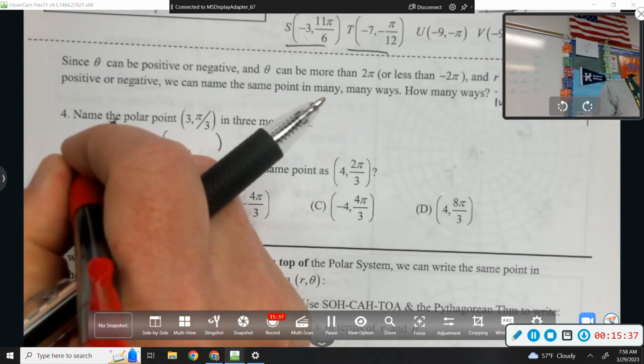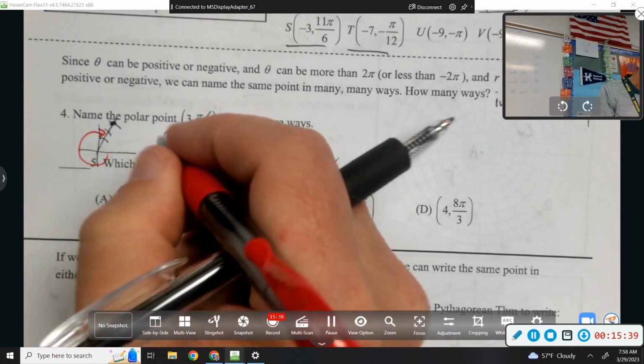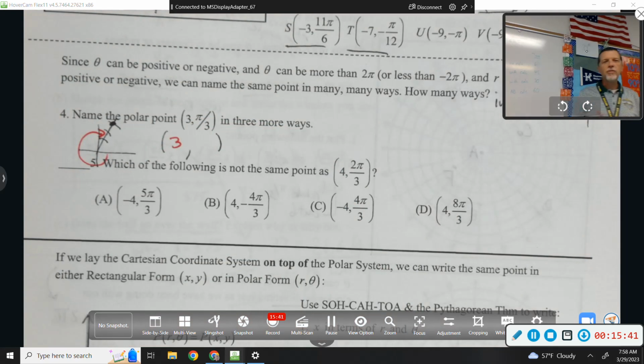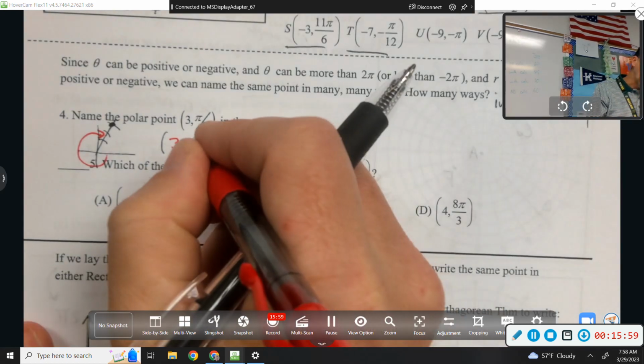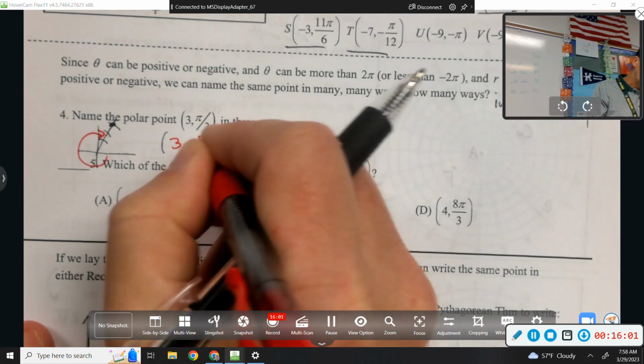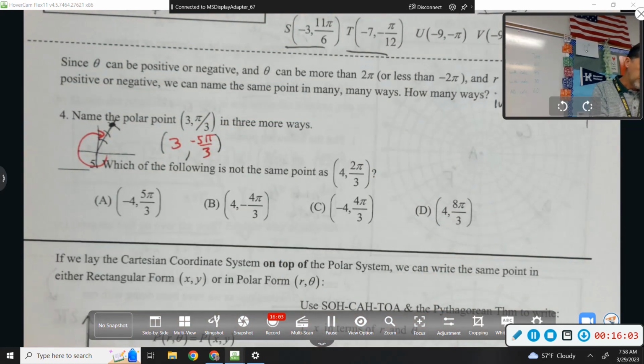I still want to keep the 3, but how far backwards would I need to go? What would the negative angle be? How far backwards is that angle? 5 pi over 3, because it's 6 pi over 3 all the way around. So negative 5 pi over 3 would land me at the same spot.